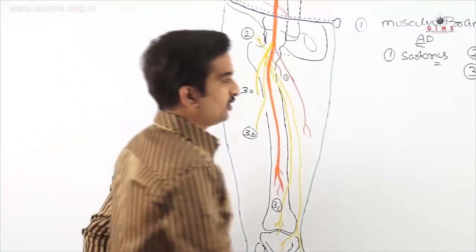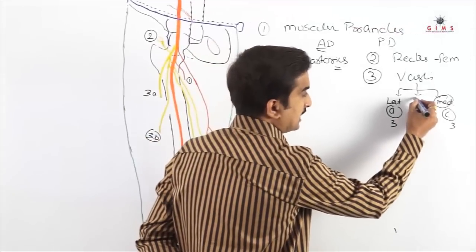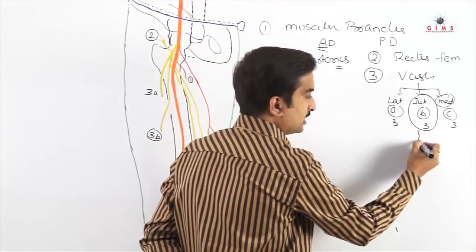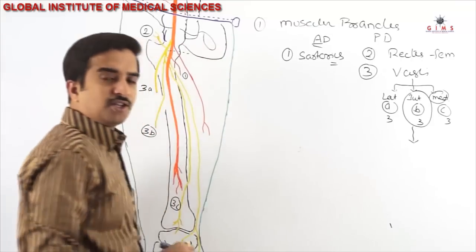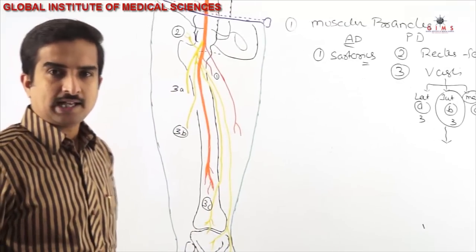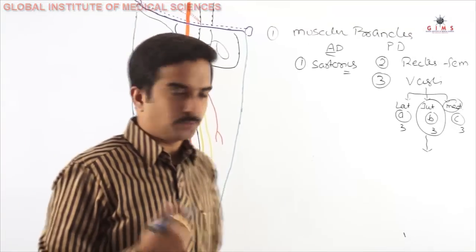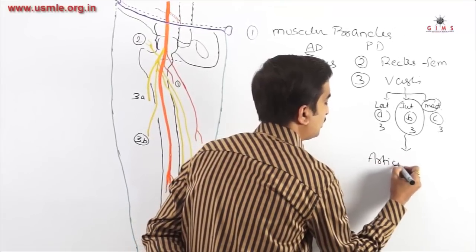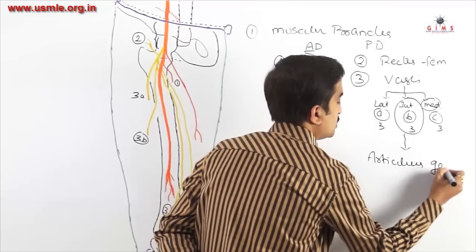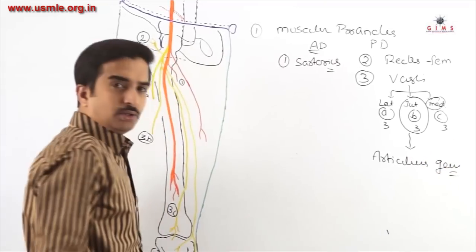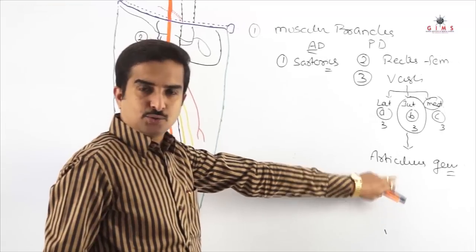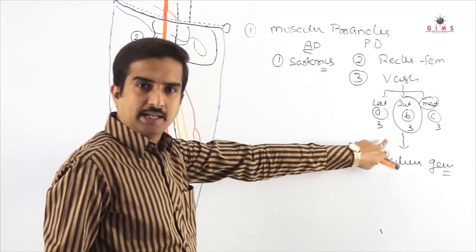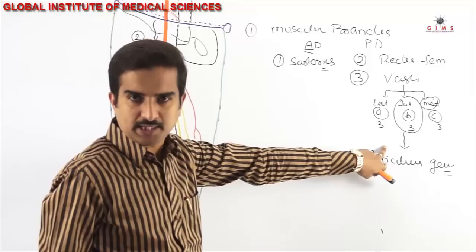Another important point I want to tell you is that the nerve to the vastus intermedius gives innervation to another muscle called articularis genu. So the muscle articularis genu is innervated by the nerve to vastus intermedius.